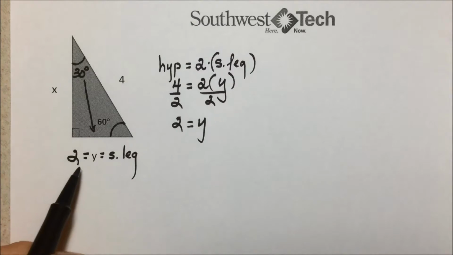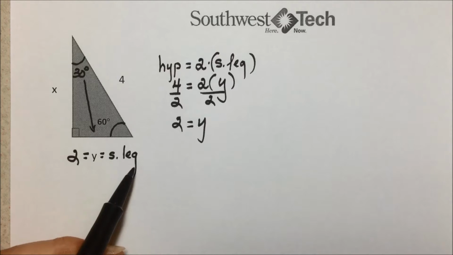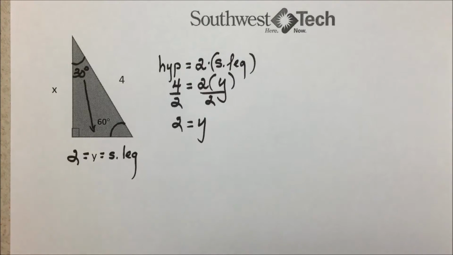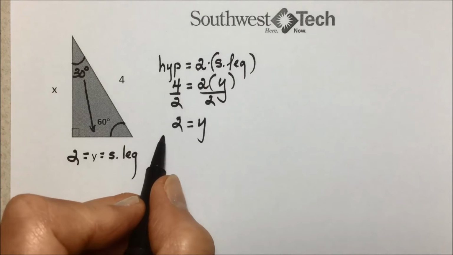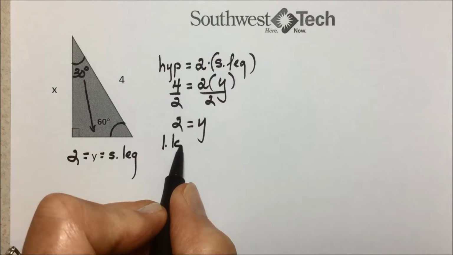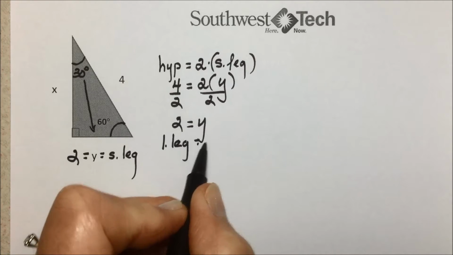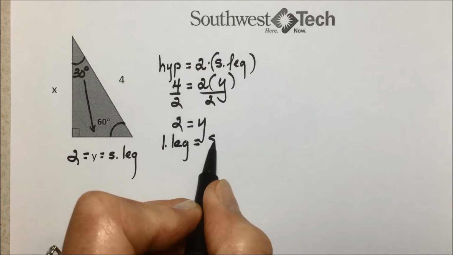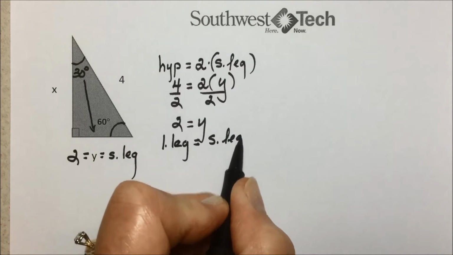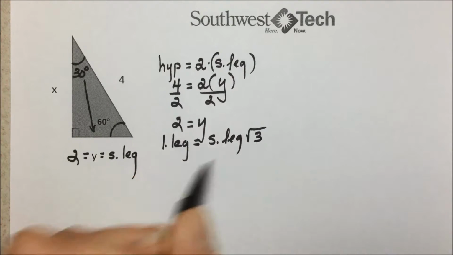Once we know the length of the shortest leg, we then can solve for the other leg length, which has a relationship of the longer leg is equal to the shorter leg length times the square root of 3.